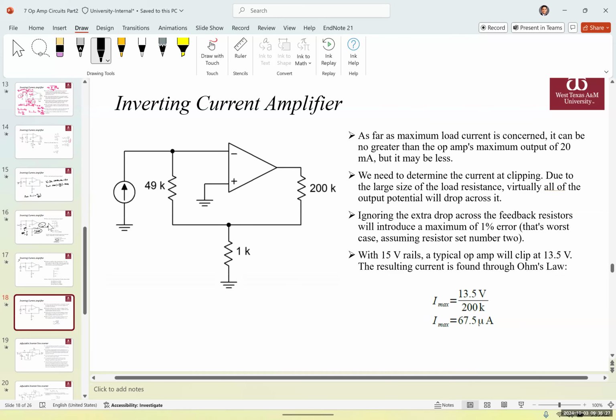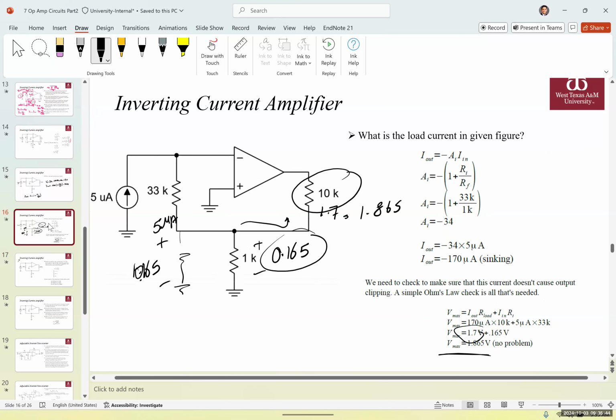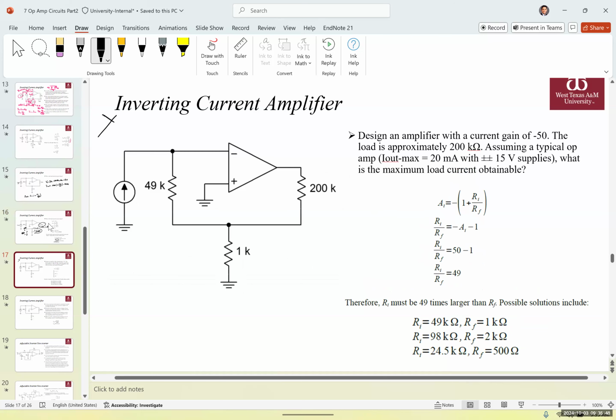We solved this practice problem with an input resistor of 33K, a feedback resistor of 1K, and a load resistor of 10K.